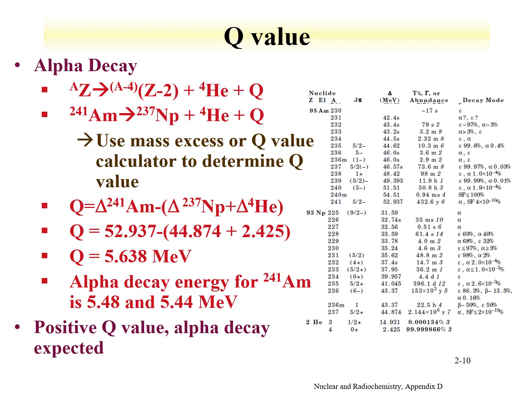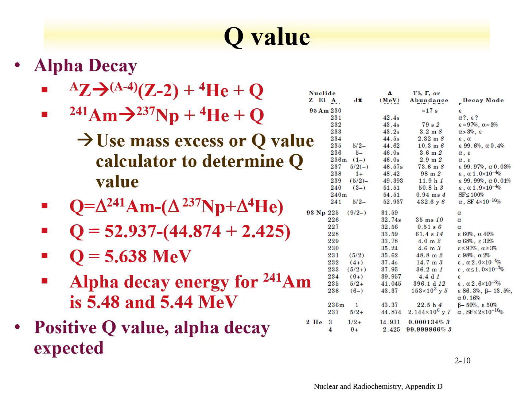We can do the Q value calculation for alpha decay, and this is shown here, where I have an isotope, it decays, it emits a helium nucleus, which is shown here. The progeny loses 2 neutrons and 2 protons, so the A is reduced by 4. The proton number is reduced by 2.